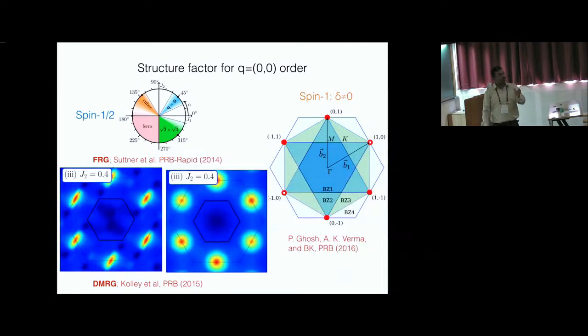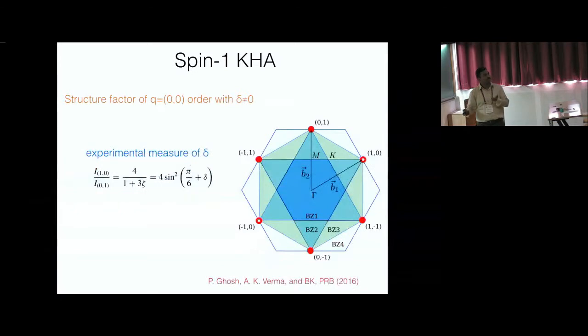So I strongly believe that people should relook at this in view of what we are saying. The singlet physics or the quantum paramagnetic phase is different for spin 1 and spin half, obviously. But once the magnetic moment sets in and the order sets in, there is a non-zero magnetic moment on each site.